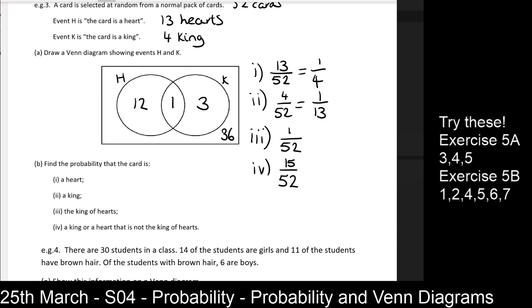Okay, so we just count this 12 here and this 3. So we've got 15 cards that are either hearts or kings, but one of them is the King of Hearts, so we're going to exclude that one there. So it's just 15 out of 52.